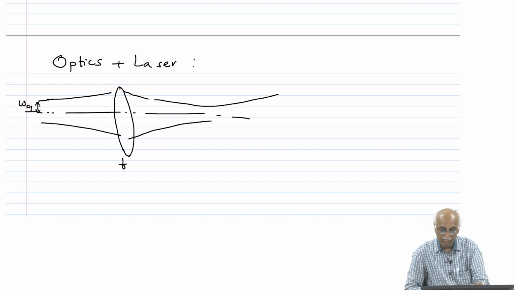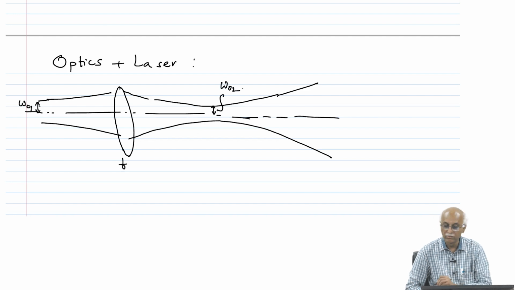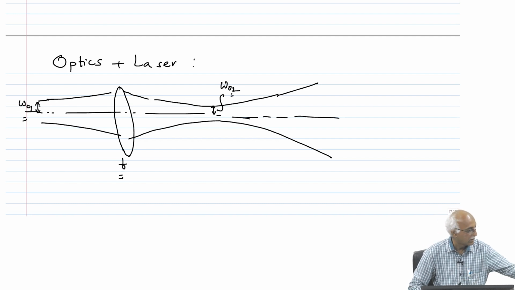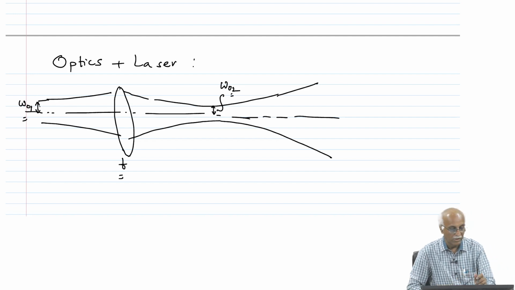This beam will get focused, then again it will expand and diverge, and this focus spot size is W02, depending upon f and these values.